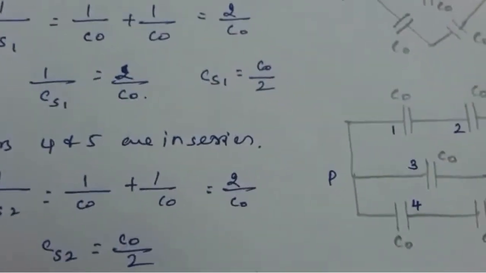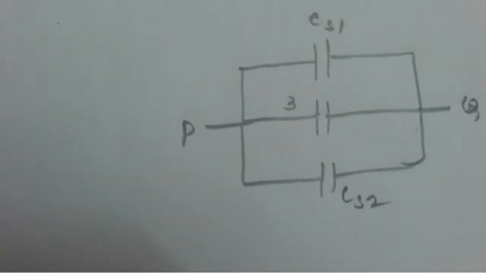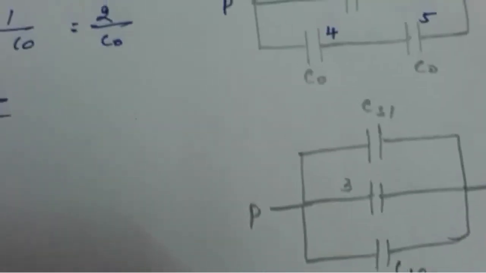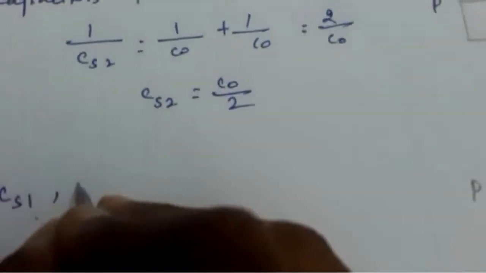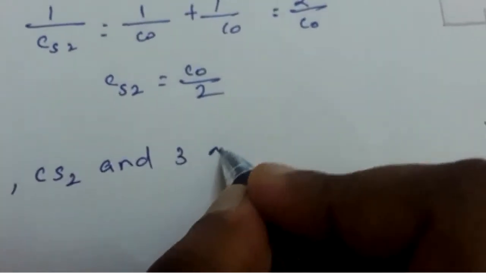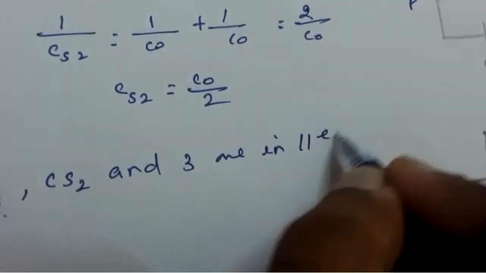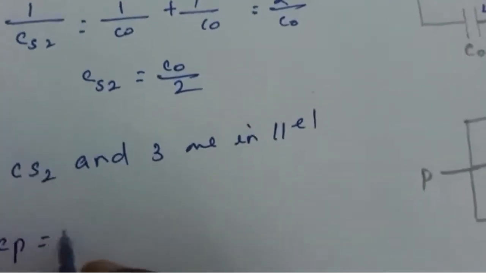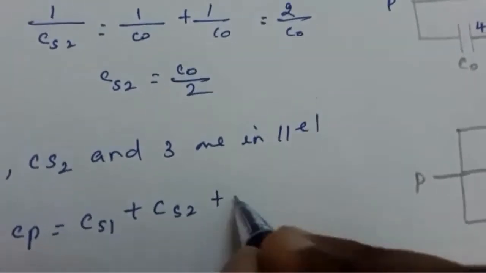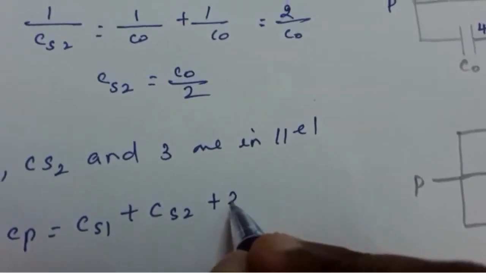Now we can go for drawing an equivalent. Now here CS1, 3 and CS2 are in parallel. So we can write CS1, CS2 and capacitor 3 are in parallel. So we can write Cp is equal to CS1 plus CS2 plus capacitor 3.